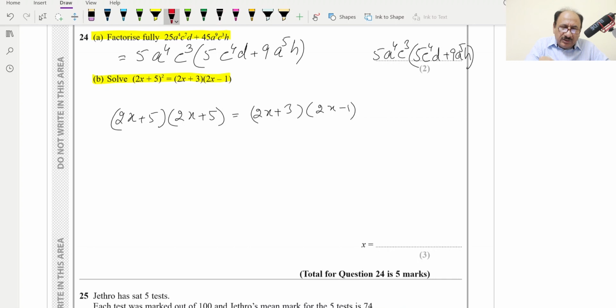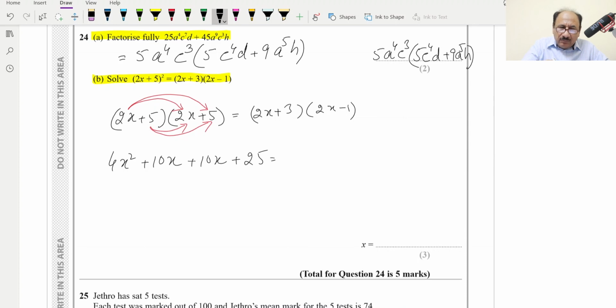Now we have to multiply. 2x with 2x gives 4x squared, 2x with plus 5 gives plus 10x, similarly 5 with 2x gives plus 10x, and 5 with plus 5 gives plus 25.